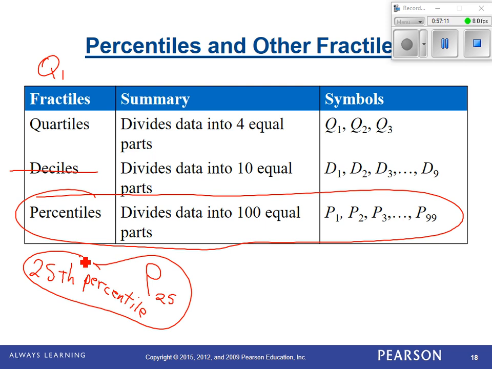I'm going to put something on here like P17, and you're going to have to know that, hey, that means the 17th percentile. So quartiles and percentiles are the ones that we're going to deal with. We're not going to deal with deciles. Now the book might deal with it a little bit, this section, but nothing after that really.